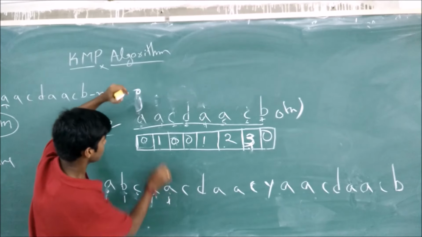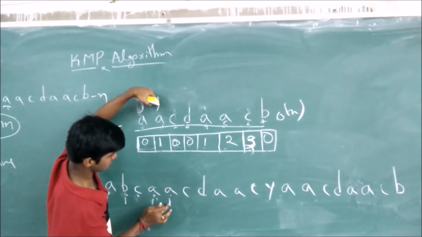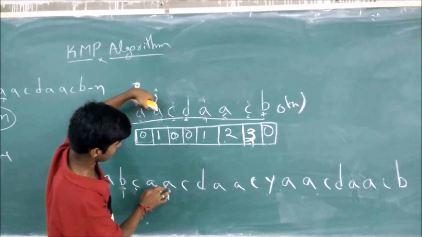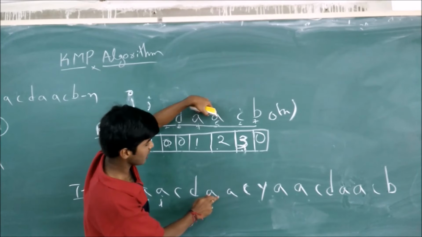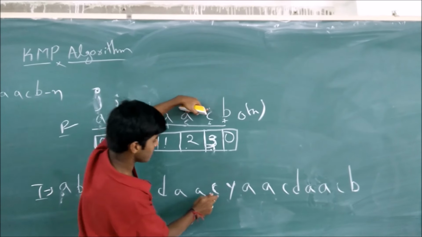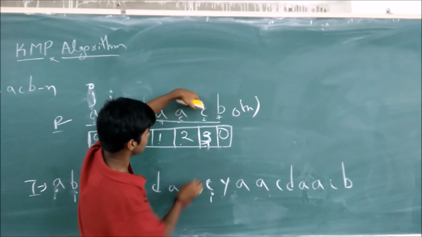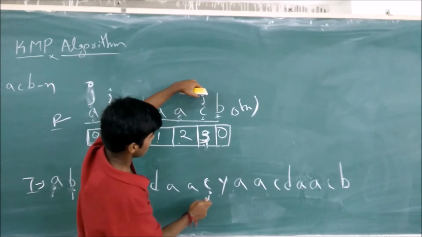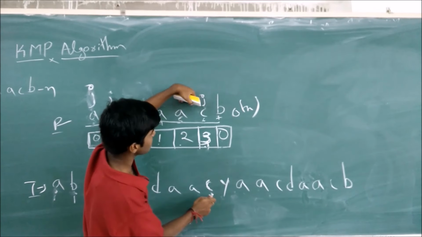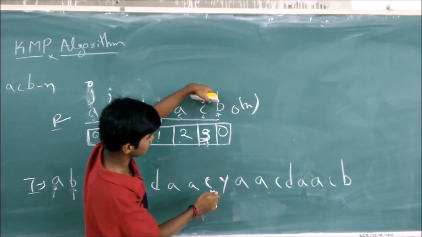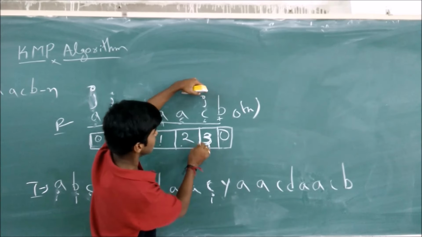We'll shift the positions of i and j. Here is our i and j. Again we'll shift the position as A and A match, C and C match, D and D match, A and A match, A and A match, C and C match. Now our i is here and j is here. And now we'll try to match B with Y. As they don't match, j needs to be shifted to the previous element index.